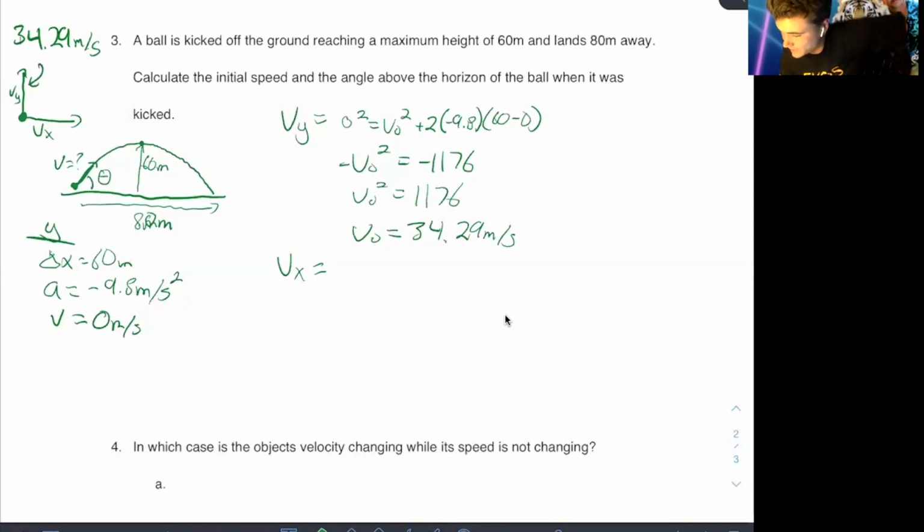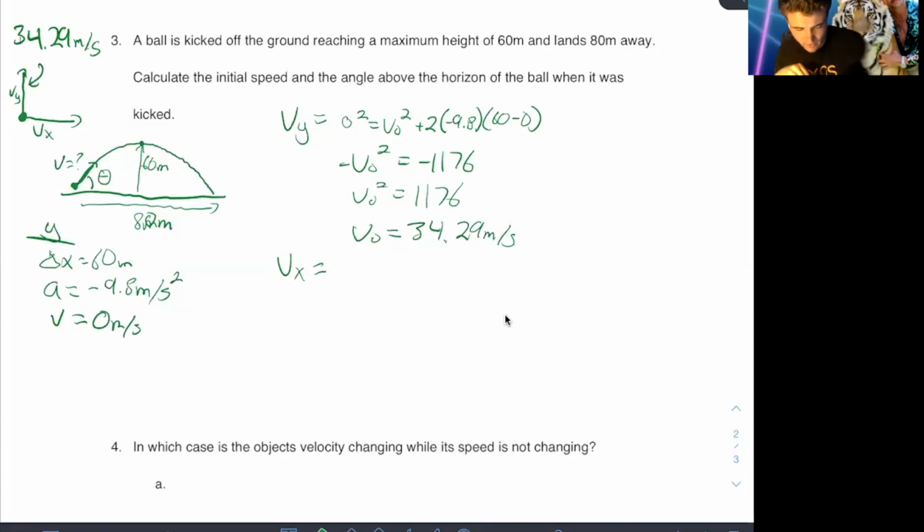The problem with this is, let me look at my notes real quick. We don't have time. We weren't given time. So we actually need time to solve the velocity in the x direction in this case.